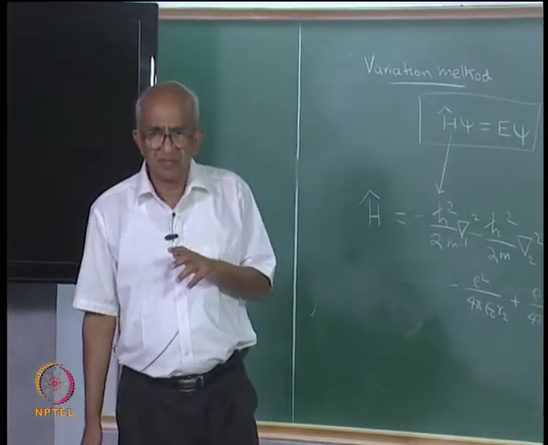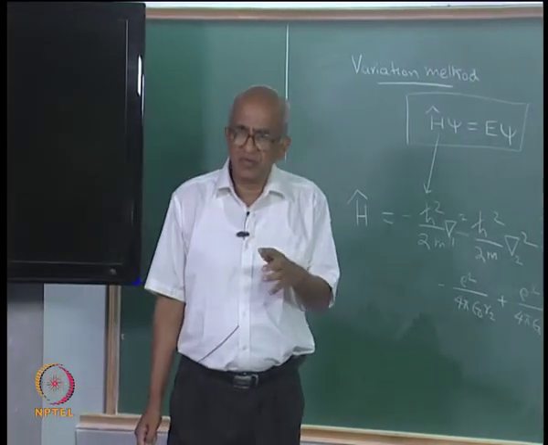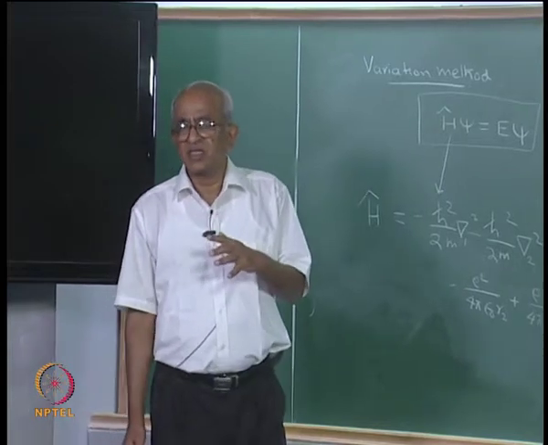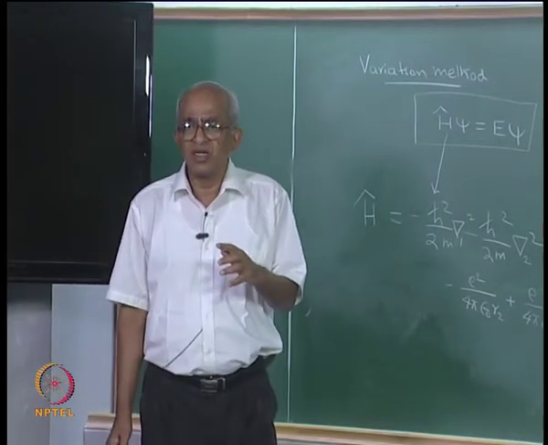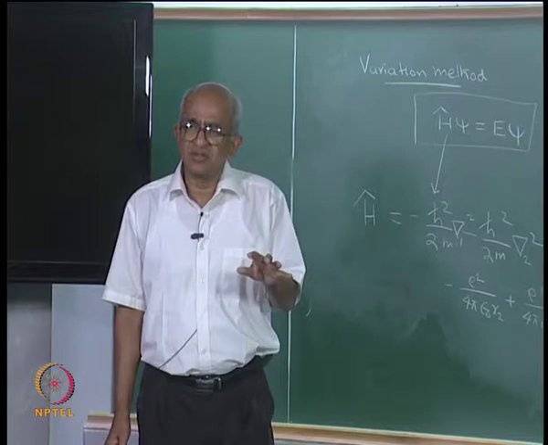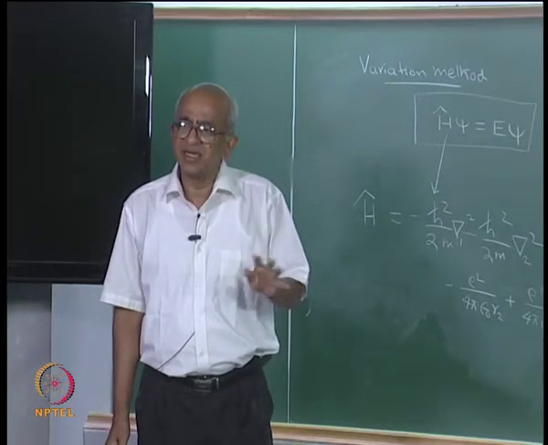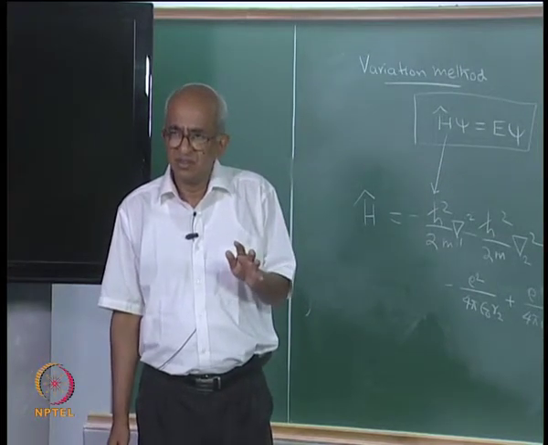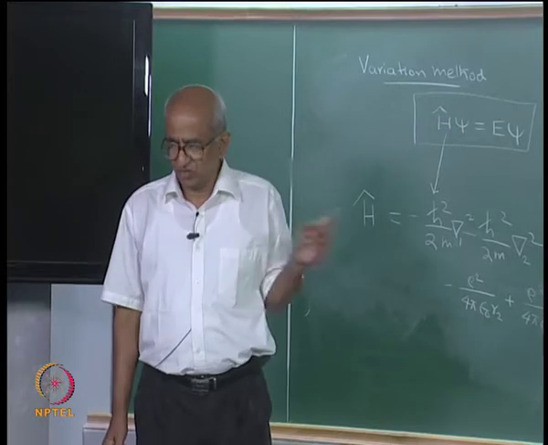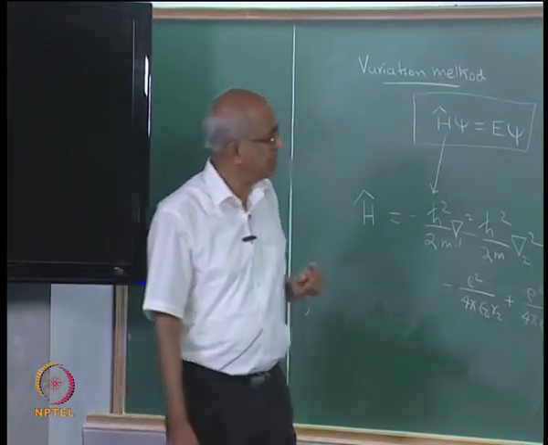Usually, if you have a physical system, our physical intuition will allow us to write down a wave function for the system which we think is approximately correct, right. I will show you how it can be done.